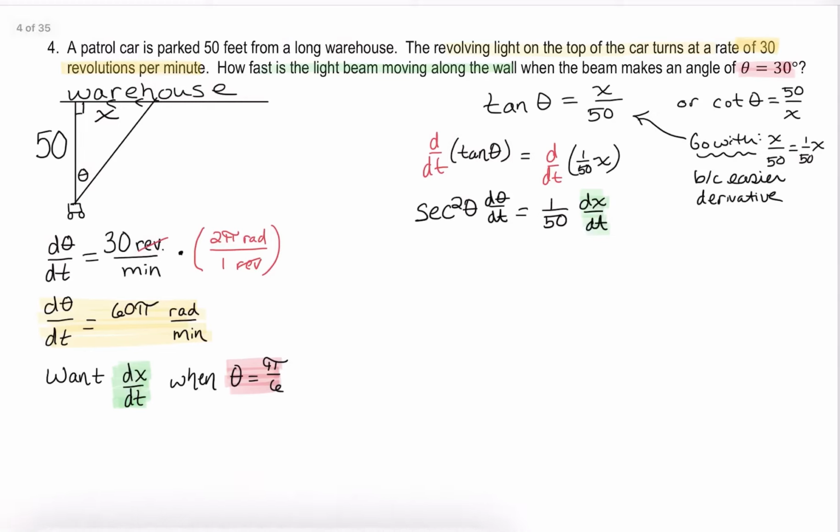Now, something to be mindful of here that might make your work a little bit easier is that secant squared is really the same thing as 1 over cosine squared, right?